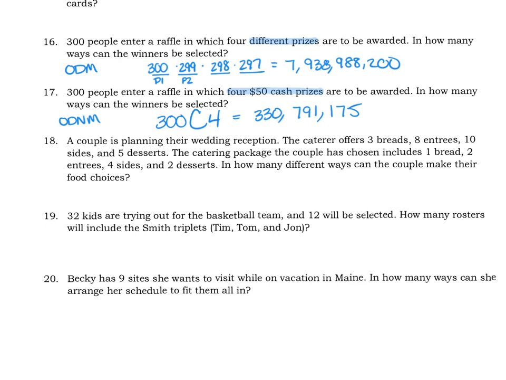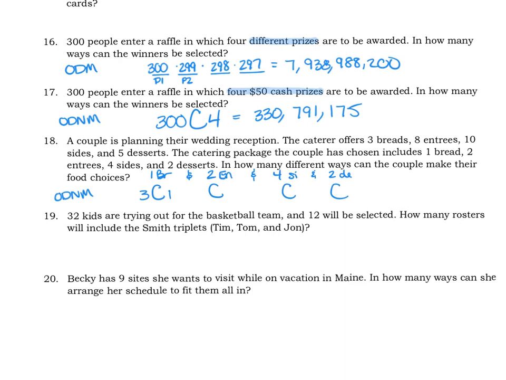So we've got a bunch of order does not matter. Okay, but what do we want? We want 1 bread, and we want 2 entrees, and we want 4 sides, and we want 2 desserts. Okay, so we're going to go through. Each one of these is an individual combination based on that category. So when it comes to bread, there are 3 breads available.